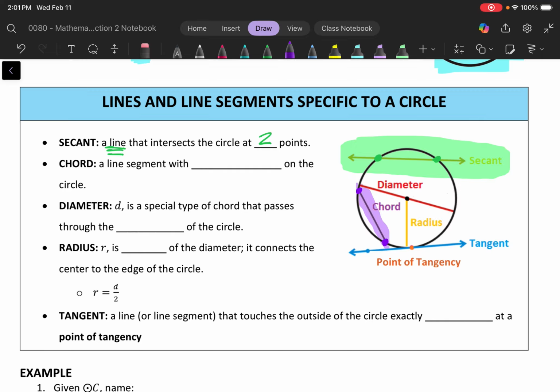It starts and ends. I'm also noticing that that starting point and that ending point both happen to be touching the edge of the circle. So when we take a look at a chord, that's exactly what the definition is. It's a line segment, so not a line, that has endpoints on the circle.